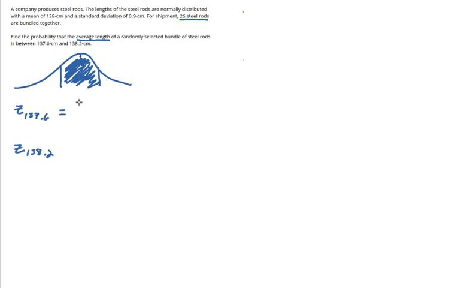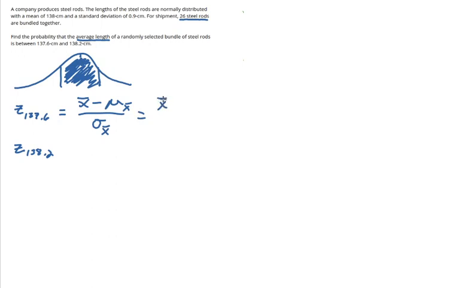Now, normally, this is the z-score formula. But because we're talking about the average, we're not calculating a z-score for an x, we're calculating a z-score for an x bar. But that means the mean and the standard deviation are also for x bar, the mean of those 26 steel rods.